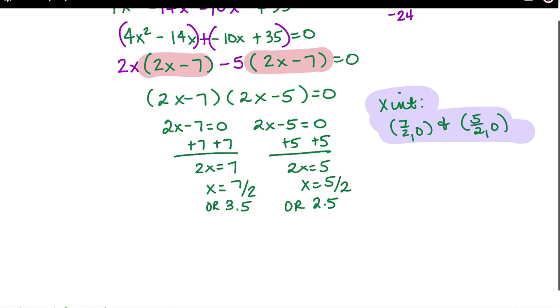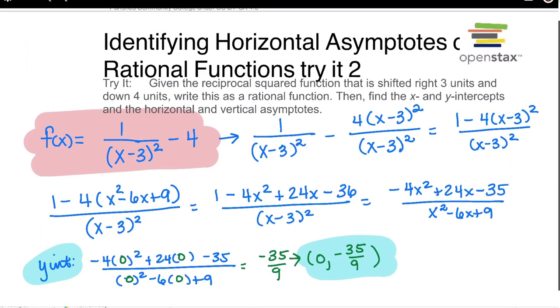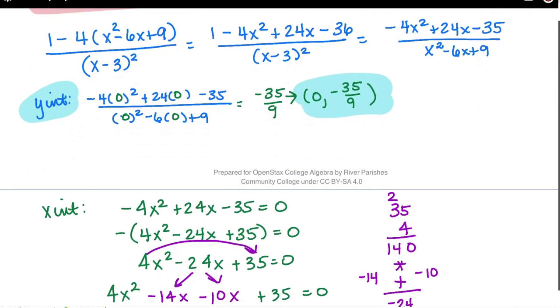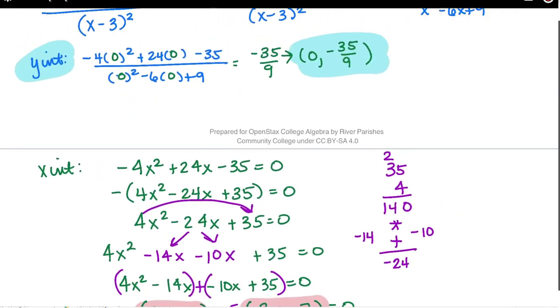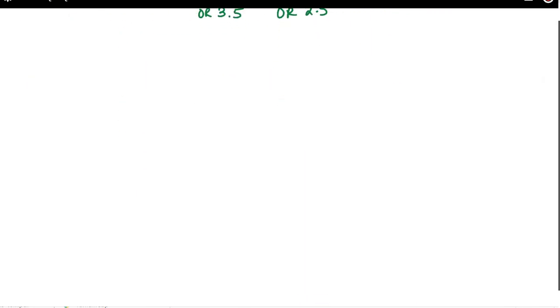Alright, so what else did we need to find? We need to find the horizontal and vertical asymptotes. So for the vertical asymptotes, I'm going to take the denominator, x squared minus 6x plus 9. I'm going to set that equal to 0 for the vertical asymptotes.